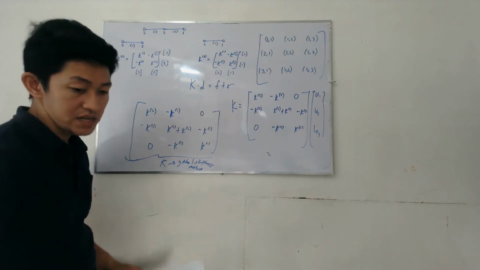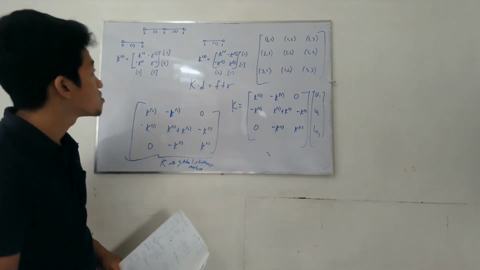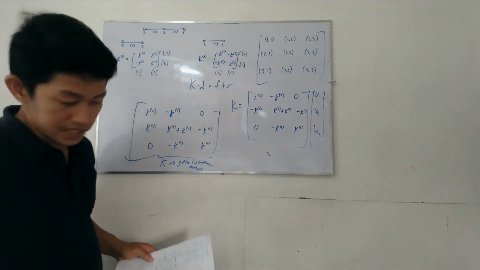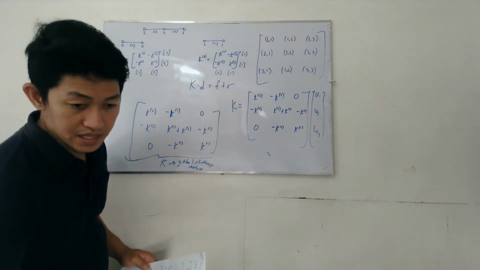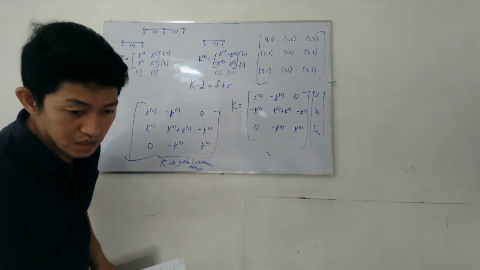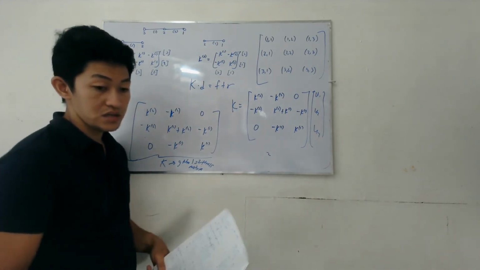Once you have the overall equation, next you find the values of the displacements, the unknowns, using the boundary conditions.